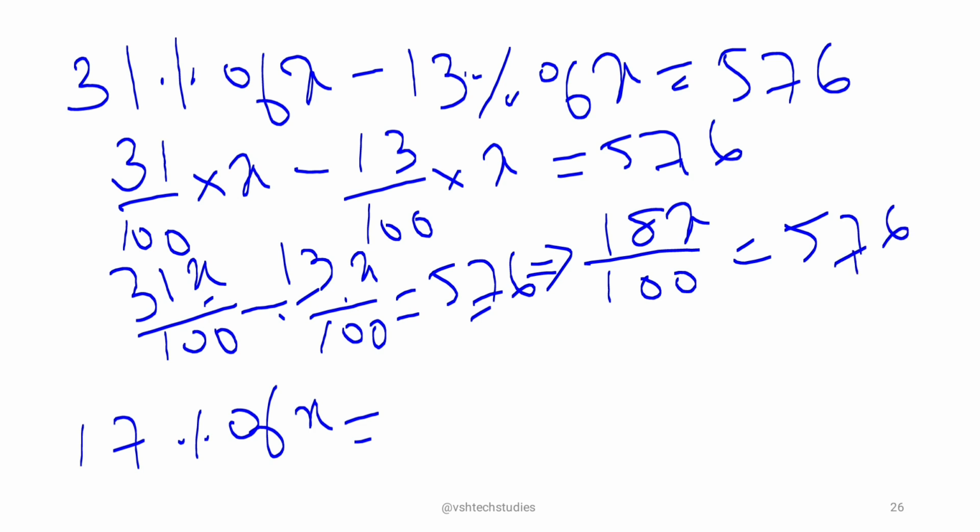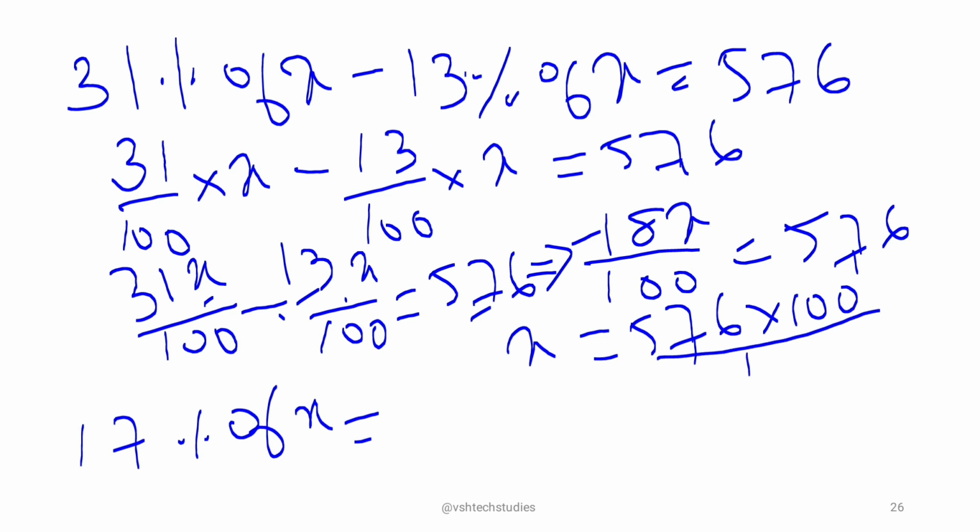So if you simplify this, x equal to 576, this denominator 100 goes to the numerator and the numerator 18 becomes the denominator. x equal to 576 into 100 divided by 18. If you simplify this, it is 3200. So x is 3200. So what is required?